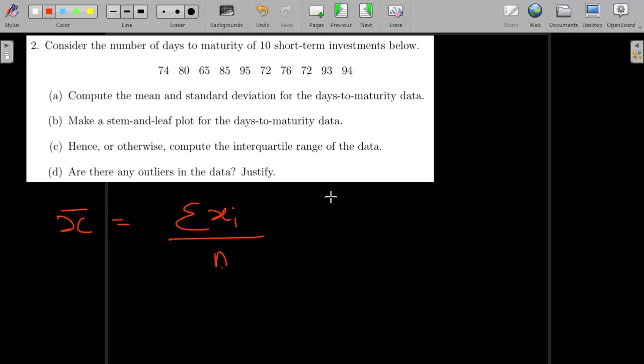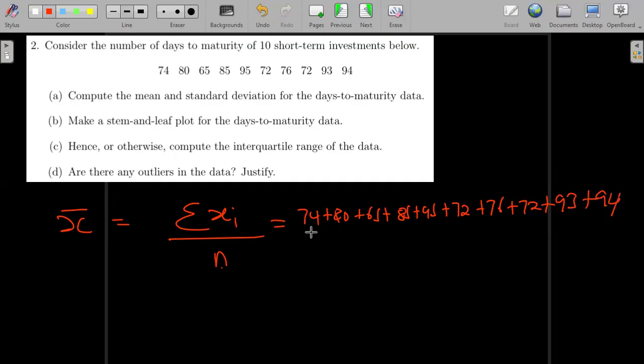So the summation there, we're just going to say 74 plus 80 plus 85 plus 65, plus 85, plus 95, plus 72, plus 76, plus 72, plus 93, plus 94. Then we divide all this by how many they are, which is 10.